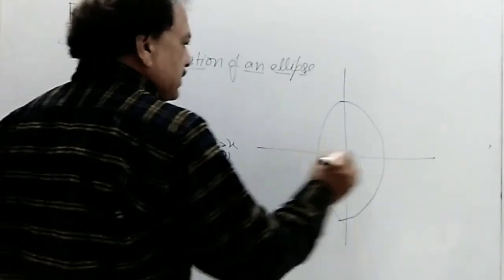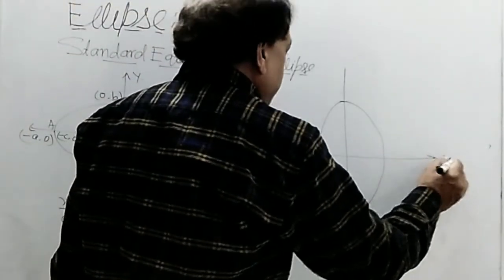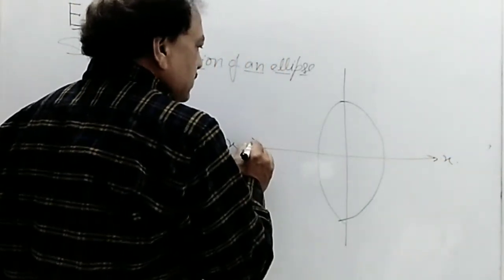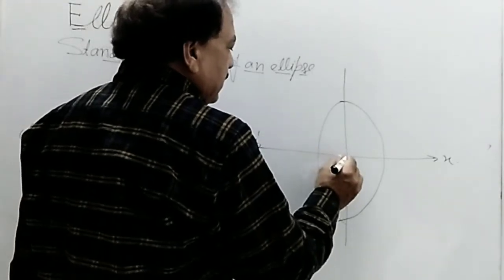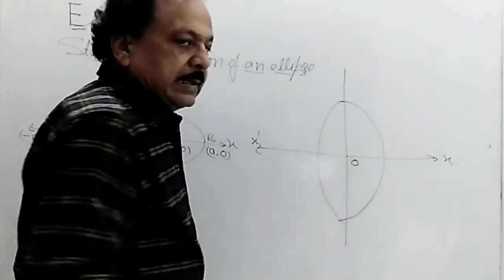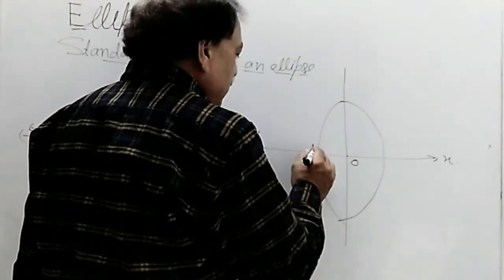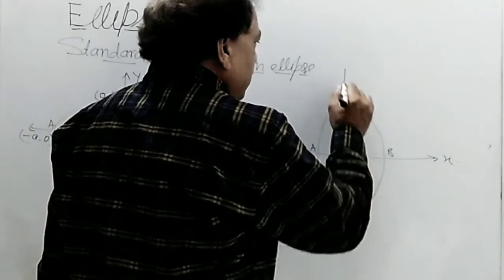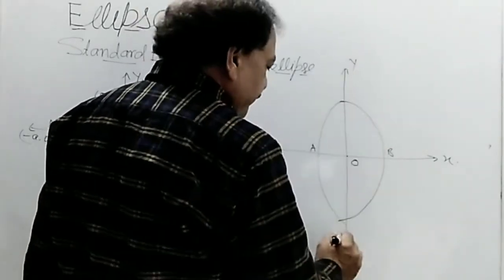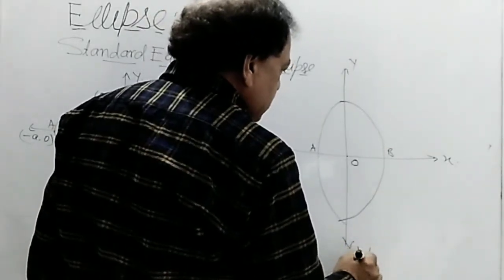The major axis, this is the x-axis, x dash, here is the O, and again we write here AB, and this is y dash.